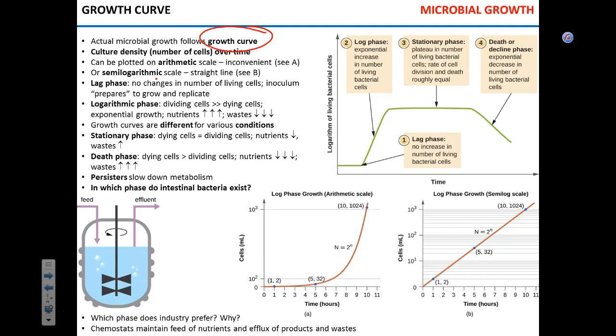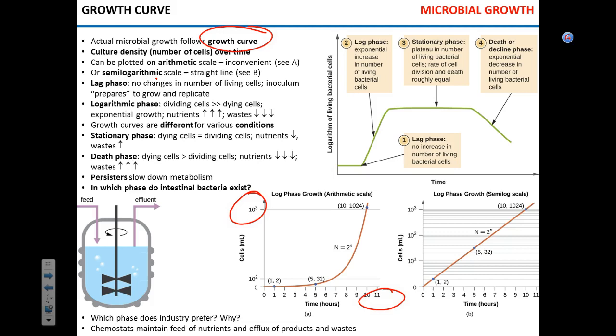So essentially, a bacterial growth curve can be represented by the number of cells on the y-axis, depending on the time of growth on the x-axis. Does that make sense? Which brings us a very interesting problem.